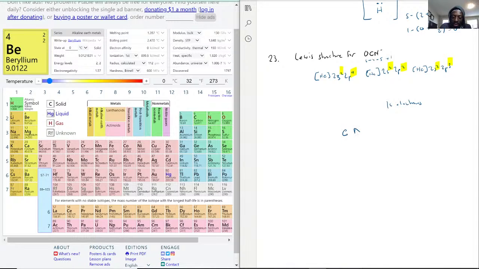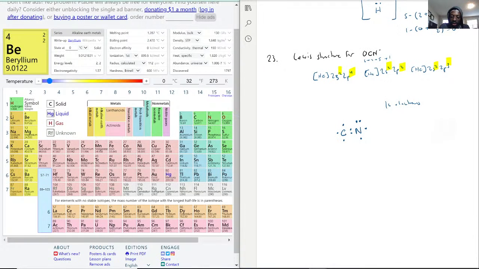So we have C and N. It still needs 1, 2, 3, and nitrogen is 1, 2, 3. It looks quite unstable right now, but remember there's just one more electron thrown in there.